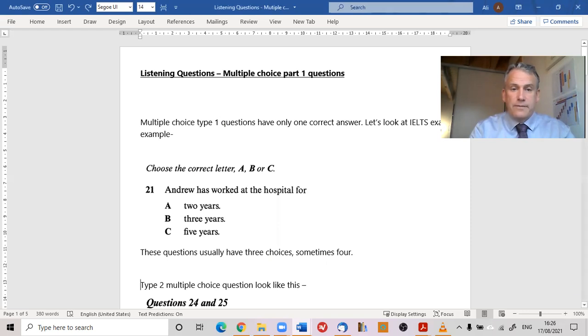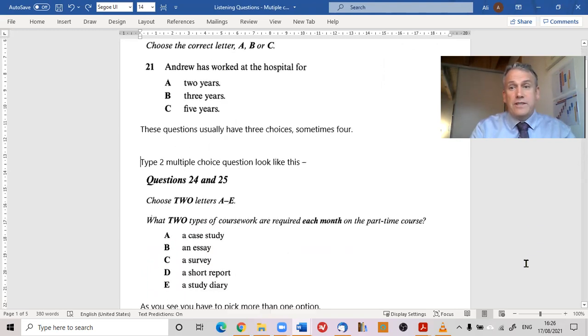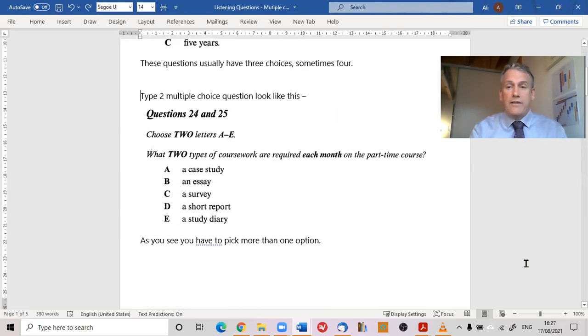Let's have a look. So we have one here. The difference is really that in a multiple choice type 2, we can select 2 or more answers. Take a look at this type 2 multiple choice question.